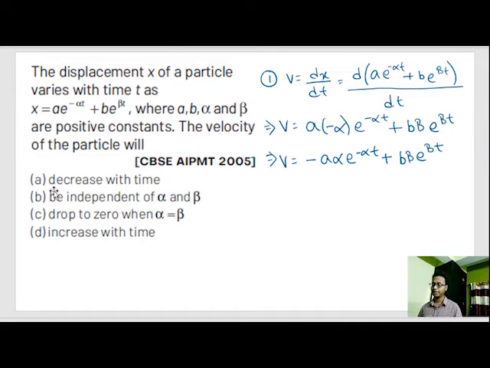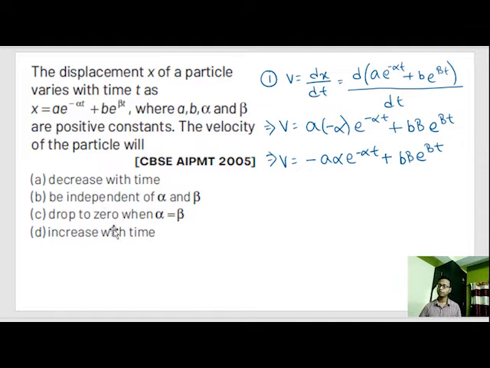Option A is decreases with time. Option B is independent of alpha and beta. Option C is drops to 0 when a equals b. And option D is increases with time. So let's look at options A and D: decreases with time and increases with time.